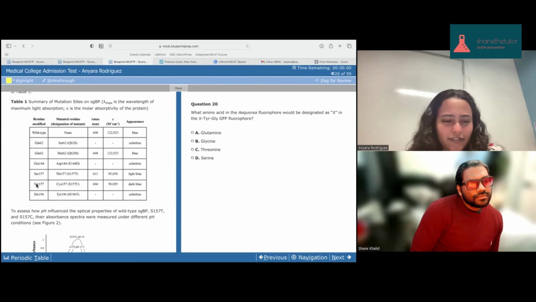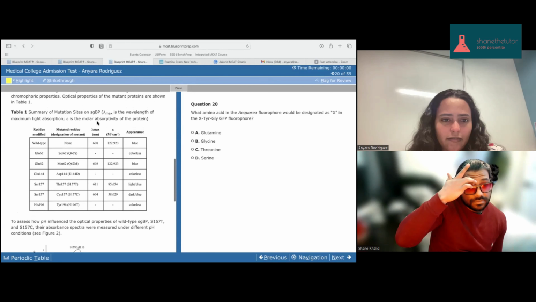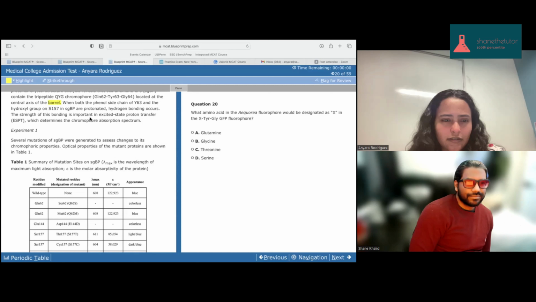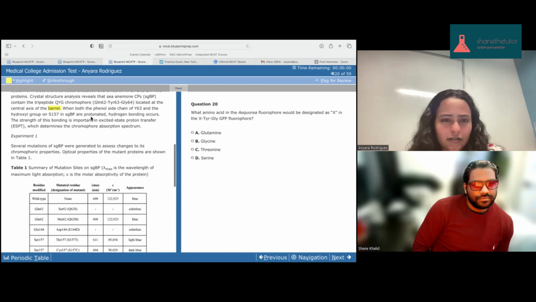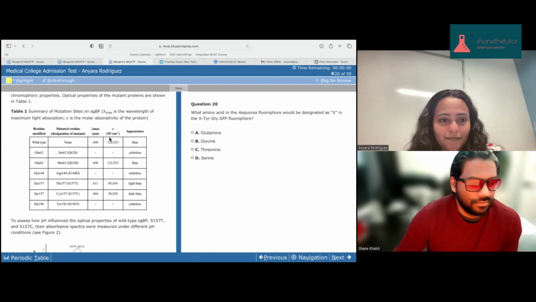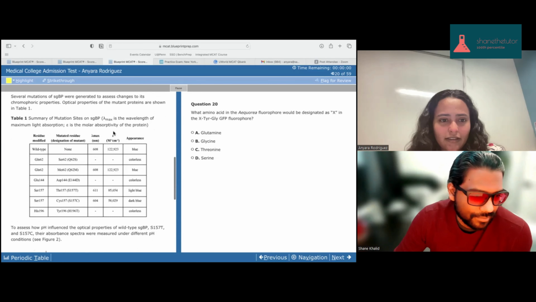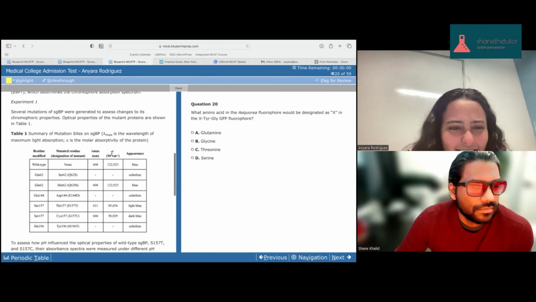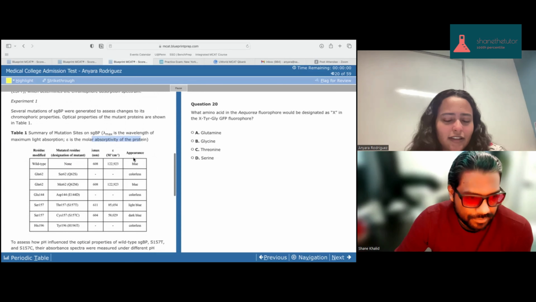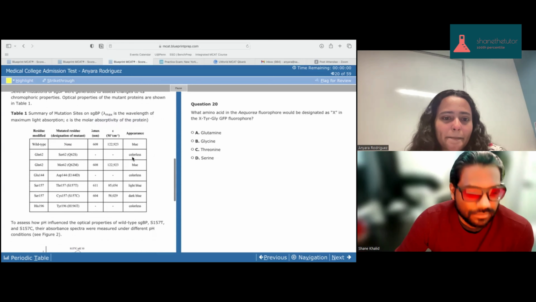So you have the mutations, wild type first row, the mutated residue, the max wavelength, which is the wavelength of maximum absorption, the epsilon, the molar absorptivity of the protein, and the appearance.